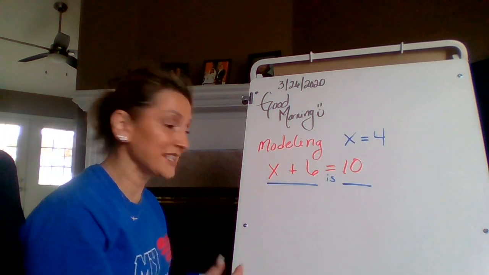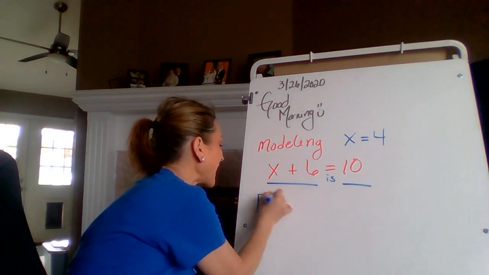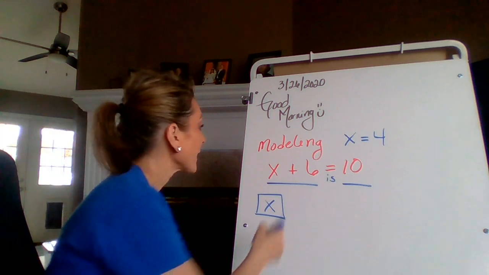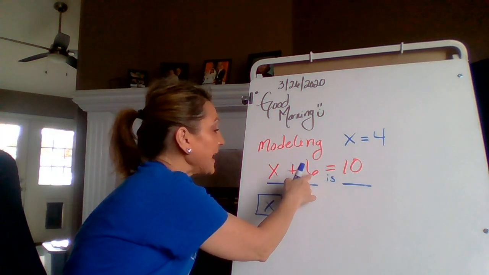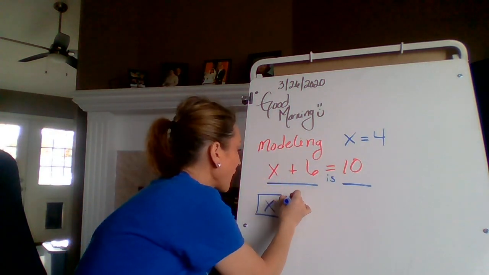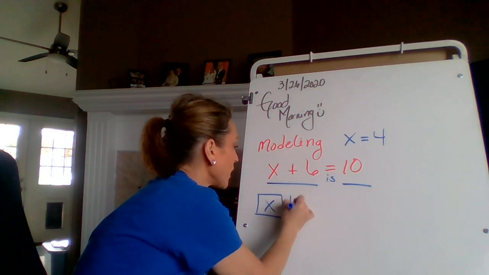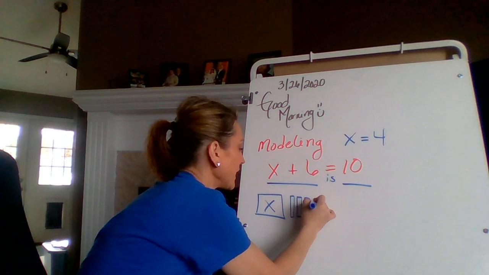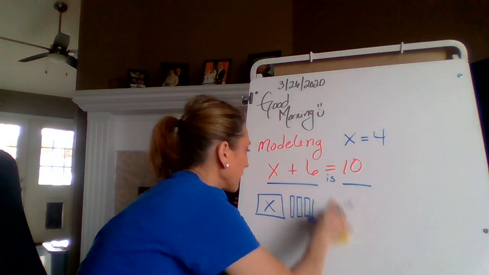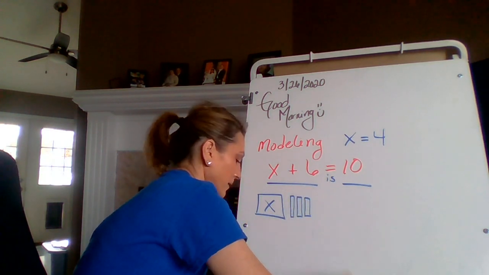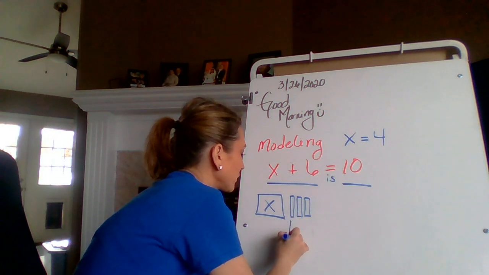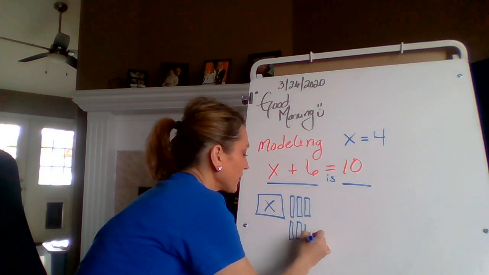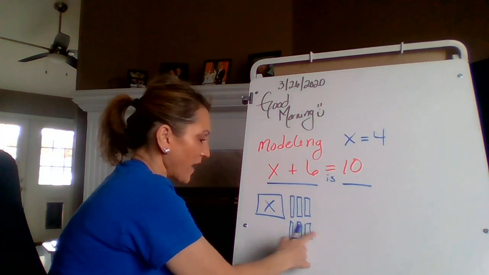In the modeling sense, I see I have an x. I don't know what x is. But I do also see that I have 6. So I can say there is 1, there is 2, 3, and I think I'll put it down below. 3, 4, oops, I counted off wrong, 5, 3, 4, 5, 6.